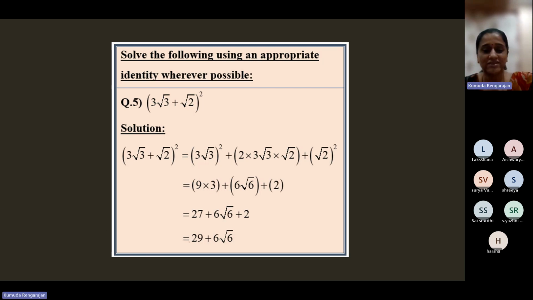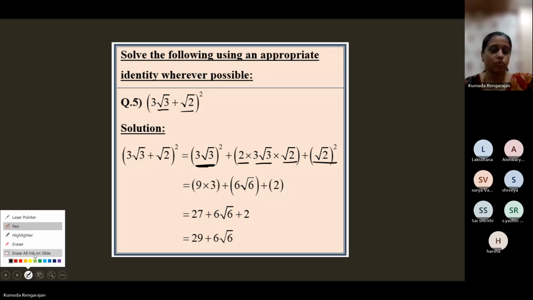Now, did anyone get this answer, what you see on the screen? Lakshna got it right. Fine. Good. So a plus b the whole square is a squared plus 2 into a into b plus b squared.